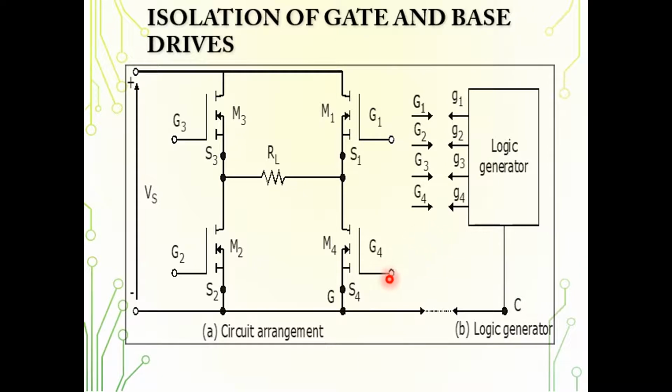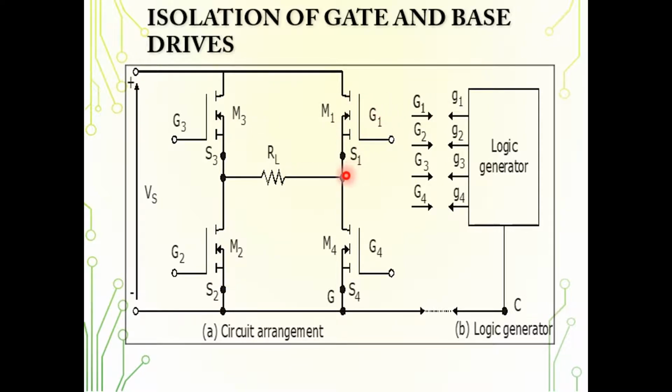So, across M4, G4 and S4, you can connect this directly. Ground is anyways connected, so just connect this G4 to this G4. So what about G2? G2 is also fine. The ground is here, and that ground is connected to this ground. Only thing is we need to connect this gate terminal of the logic circuit to the gate terminal of MOSFET M2.